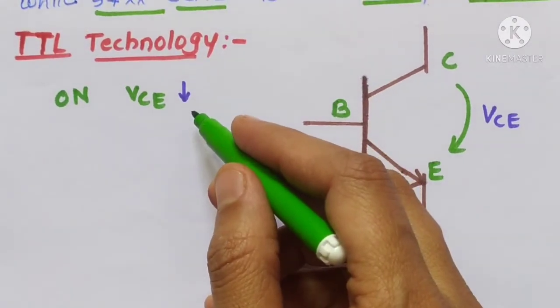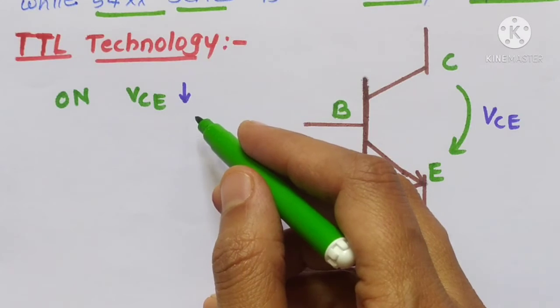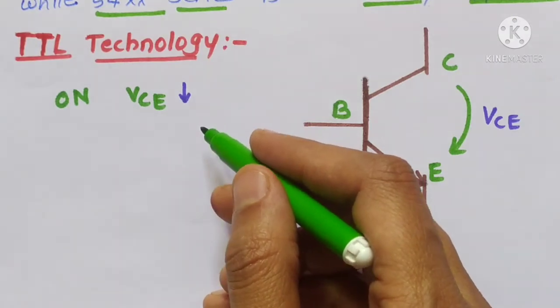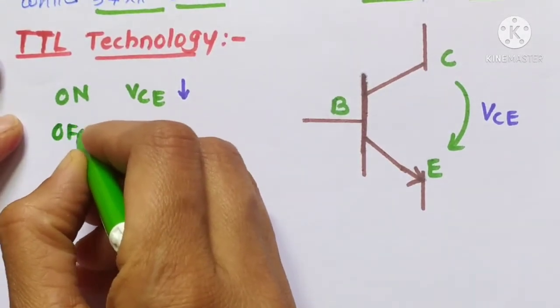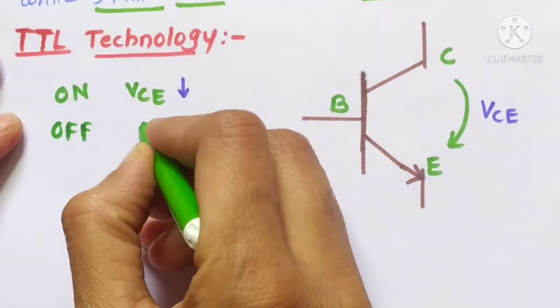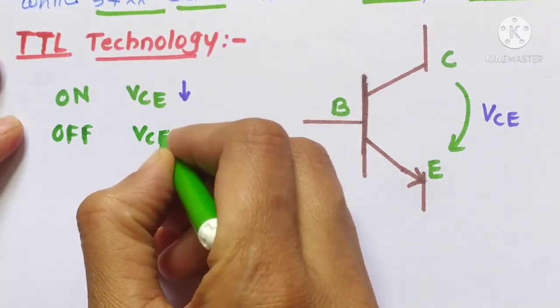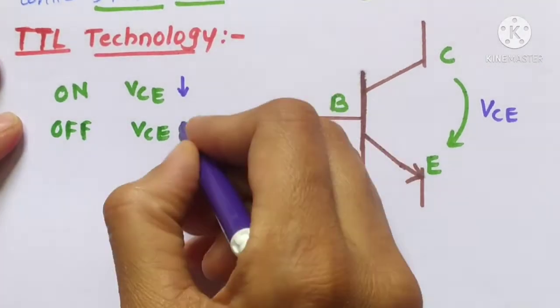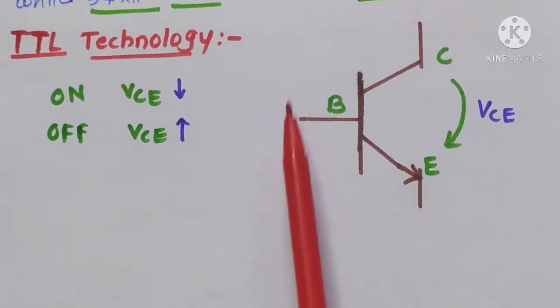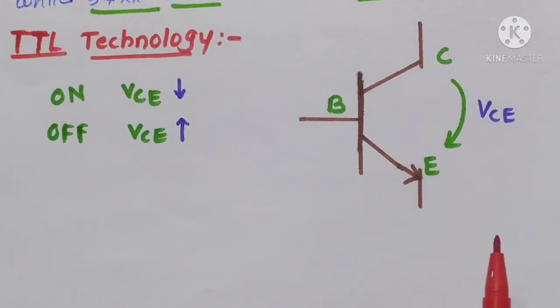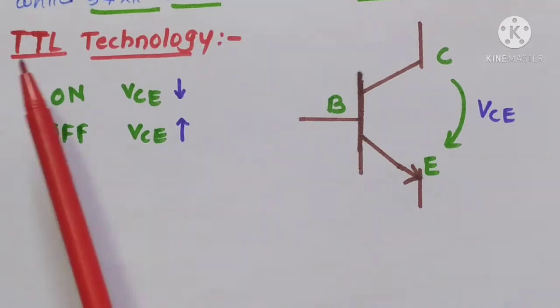Now, when the transistor is in cutoff, its collector emitter voltage goes high. Okay students, so remember both these conditions when we have to use a transistor as a switch. If you understand this concept well, then you can easily understand the next concept related to TTL technology.